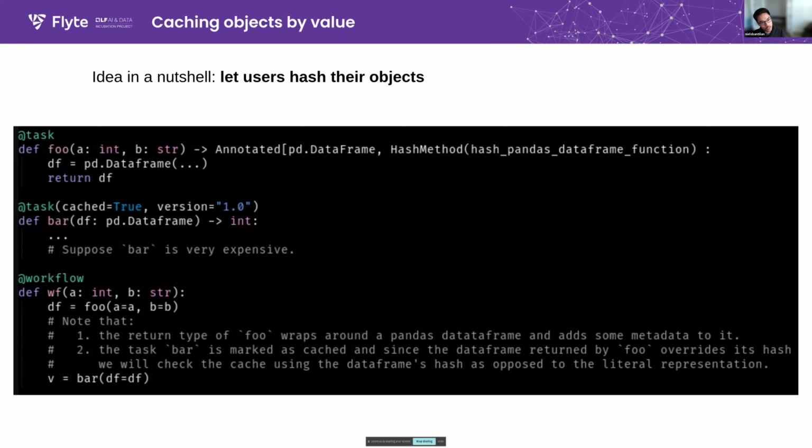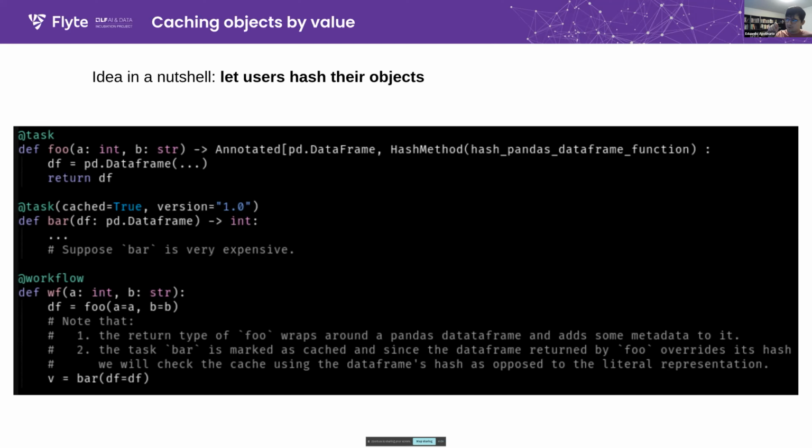Right, and in this example, the bar df is annotated as just pd.dataframe. So how does that task know to hash the incoming data frame? Yeah, good question. It's when we transform the data frame into the literal, so that we can pipe it to the next task.